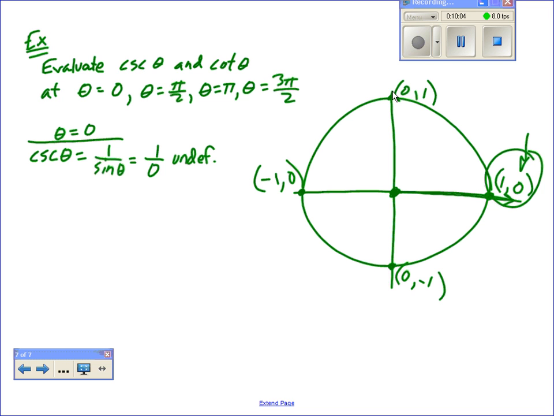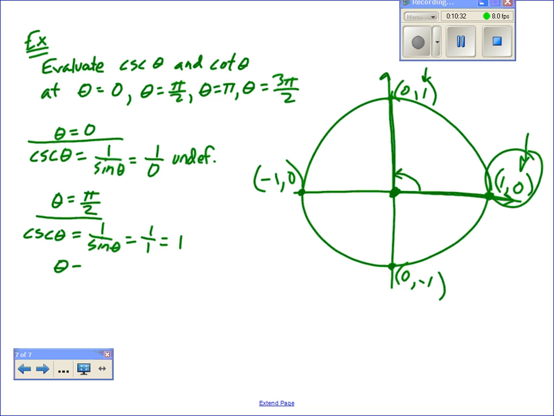Now what if, let's do the cosecant for theta being pi halves. Well, I say now I'm going to rotate pi halves amount, right? 90 degrees. My y value there, because I'm looking for the sine here, the sine is 1, so 1 over 1. So the cosecant of theta is 1.